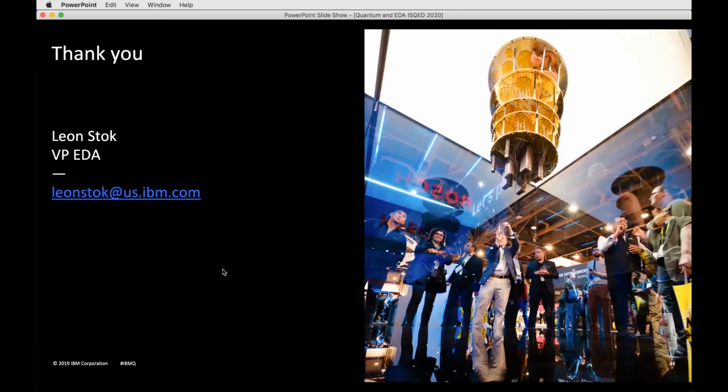Then people are working on different hardware approaches. If you look around the industry, in addition to the superconducting qubits that IBM and various others are supporting, you see people looking at ion trap systems and semiconductor spin-based systems.